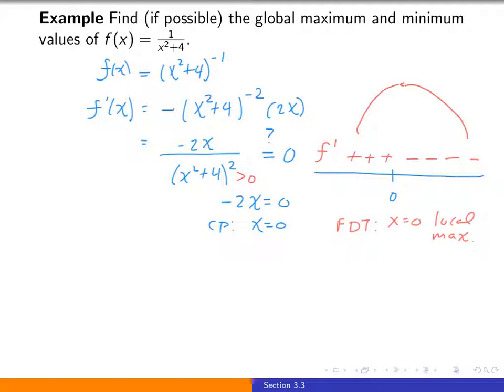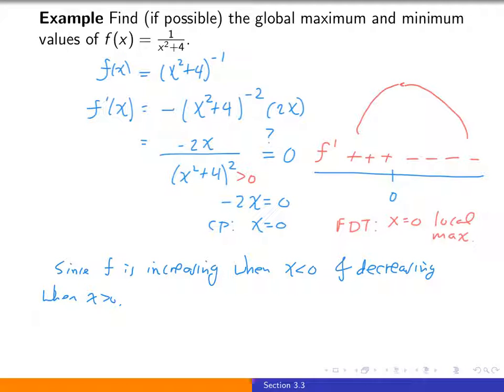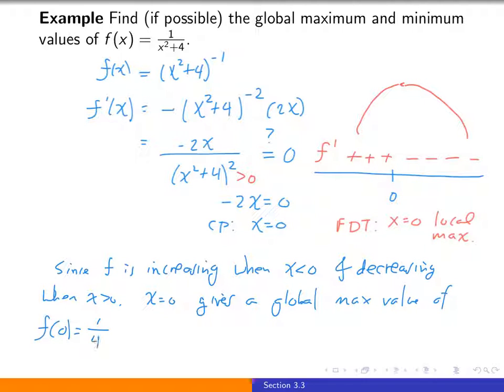To conclude, since f is increasing when x is less than 0 and decreasing when x is greater than 0, x equals 0 gives a global maximum value of f of 0. If we plug 0 into our function, we have 1 over 4.